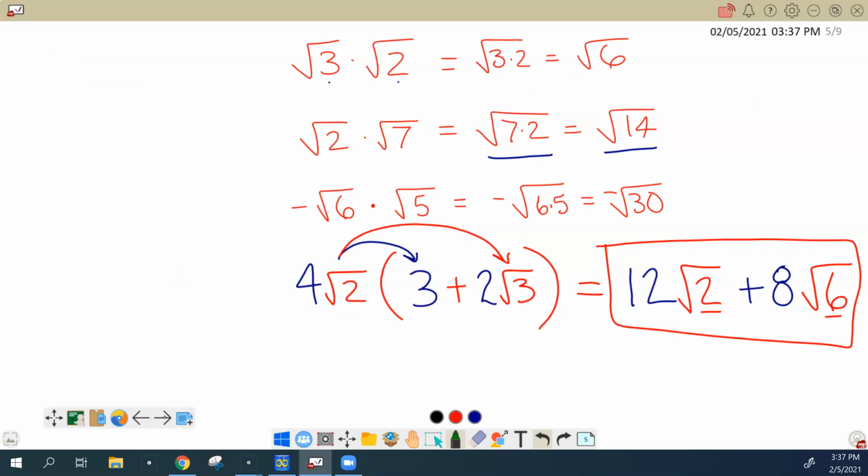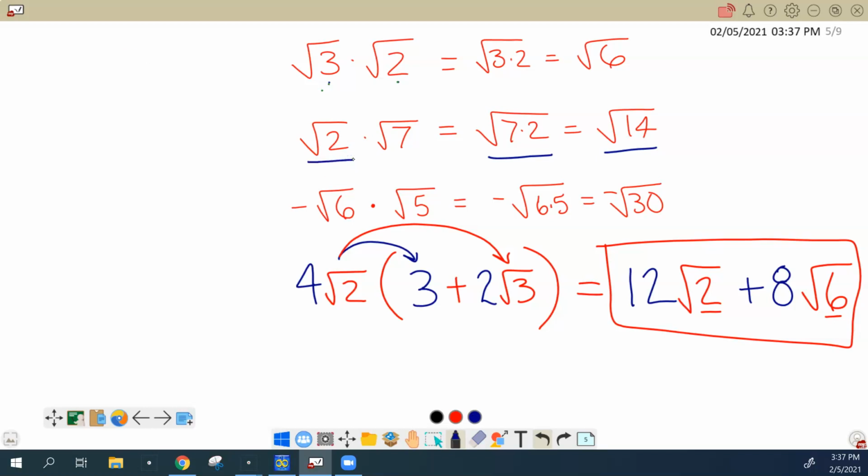So the first one, we've got square root of 3 times the square root of 2. So that's the same thing as the square root of 3 times 2, which is the square root of 6. Or, to say it shorthand, you say root 6. Next one, I invite you to write these down and try them yourselves, or just take note.